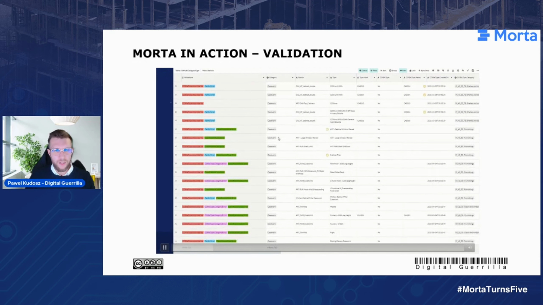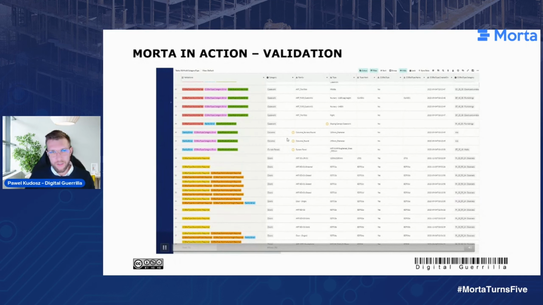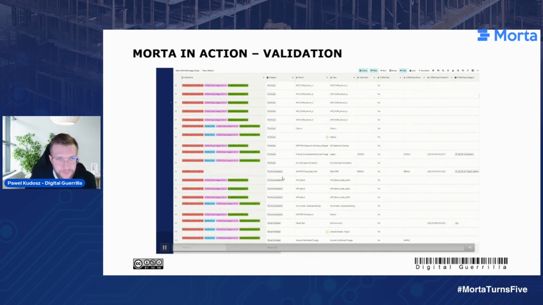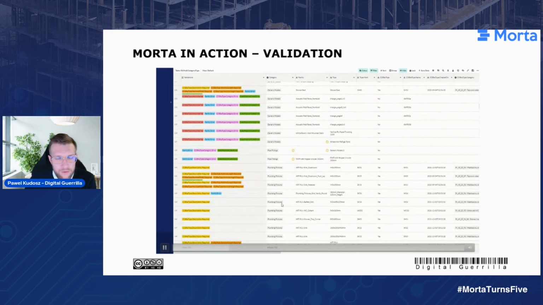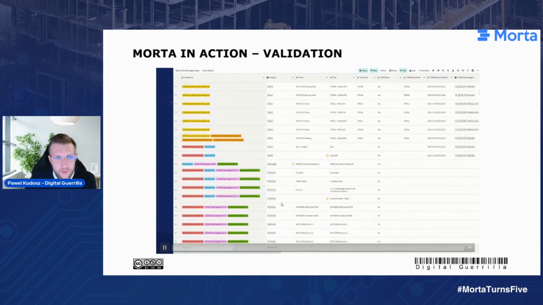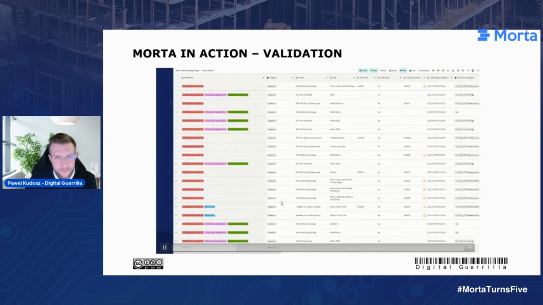If there is no match with one of the categories, this is automatically flagged up as an error. For example, in this case, columns and curtain panels shouldn't be exported, and Morta tells us straight away that we have an issue here. So we can scroll down and review the whole column to see if we have any more errors.